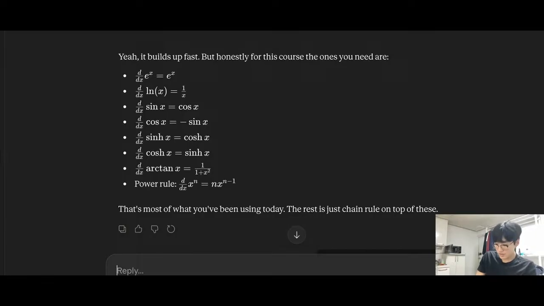Derivative of cosh x equals sinh x, but this time without the negative. Derivative of arctan x equals 1 over 1 plus x squared. And the power rule is the derivative of x^n equals n times x^(n-1).